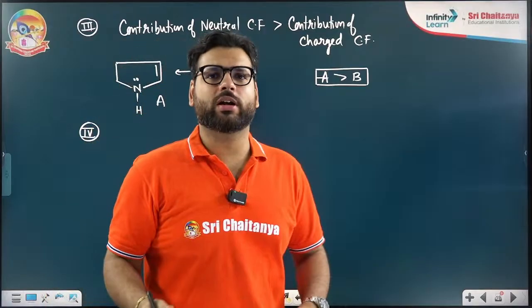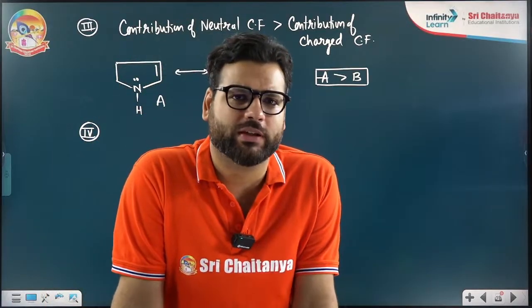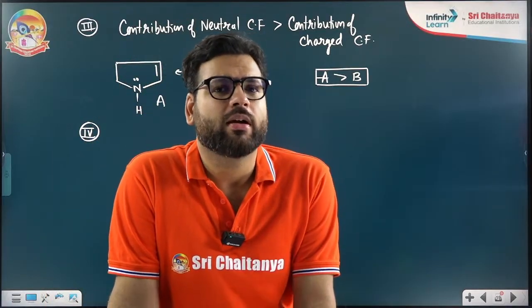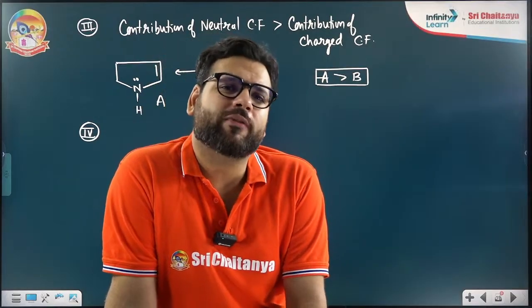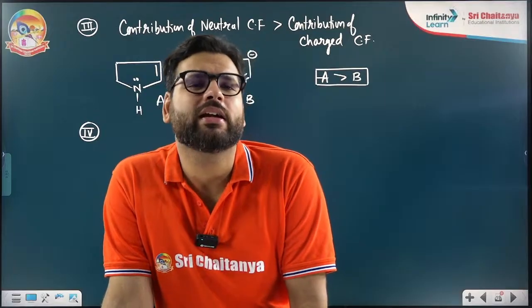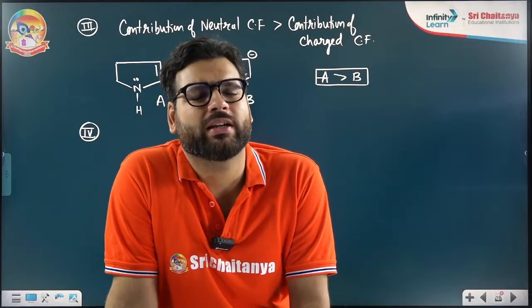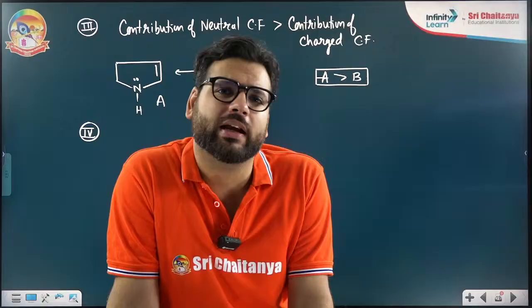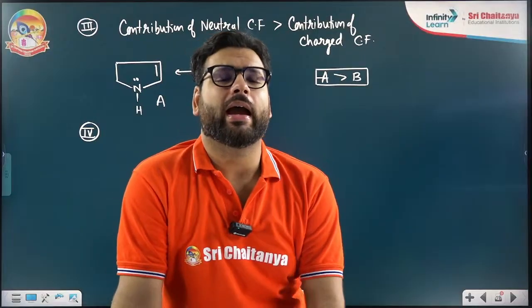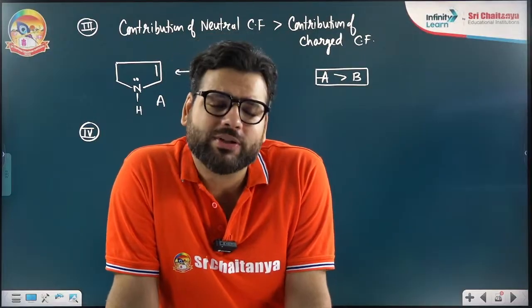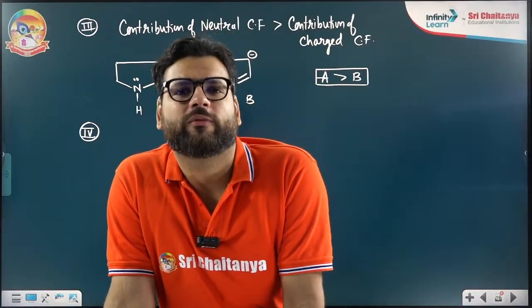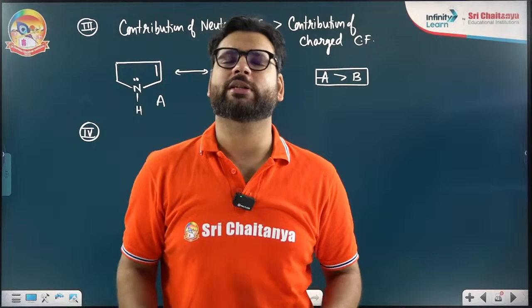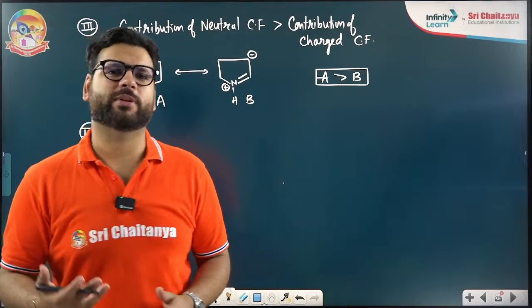Then go to number 4. At number 4, now you check the distance between the charges. Whenever there are opposite charges, they are found to be stable when they are near to each other. Plus minus near are good because they will attract each other. And if there are same charges plus plus, then far away they are better. So plus plus must be far away, plus minus must be near to each other.